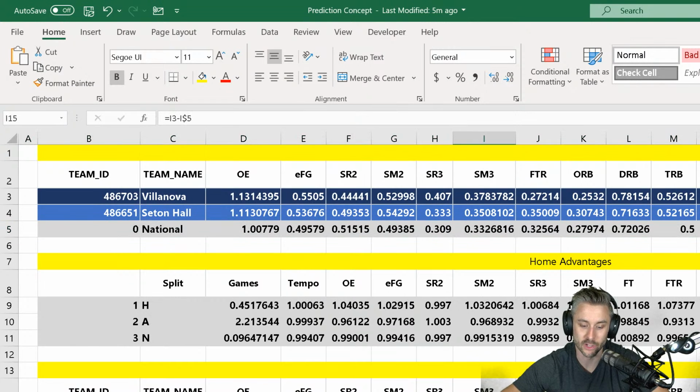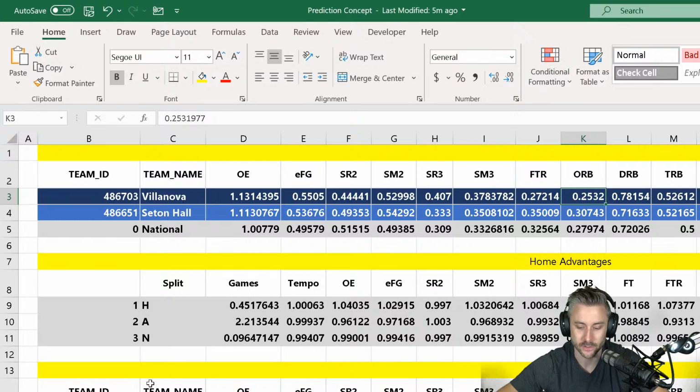So, for example, Villanova makes about 4.5% more of its three-pointers on average than the national average. Villanova rebounds about 2.65% of its shots less than the national average. So the national average is 27.9. Villanova is only 25.2. You need to measure the national average to calculate expectation.